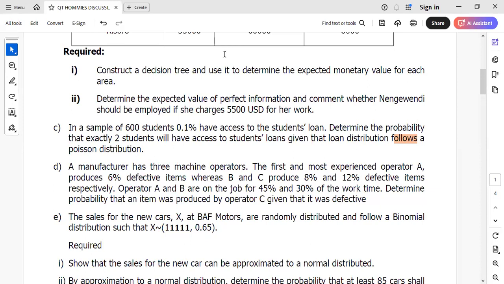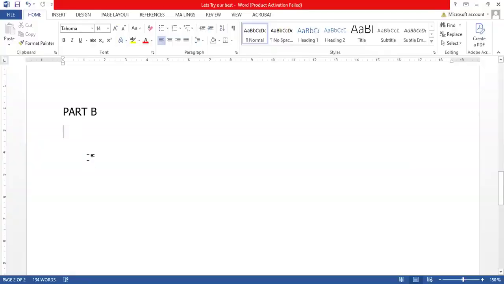Okay, which formula do we normally follow when we are answering this? Here we are handling part C. We are given the number of sample.